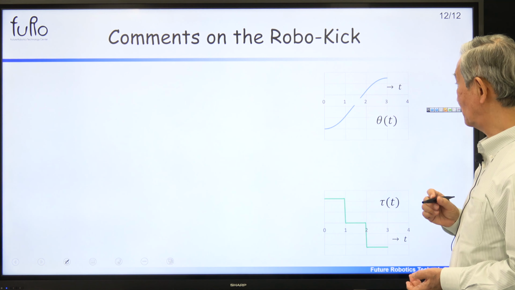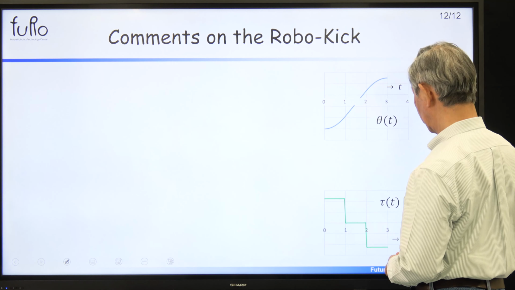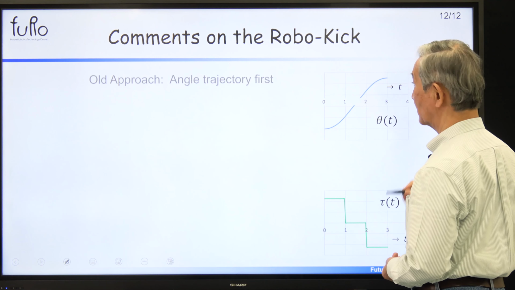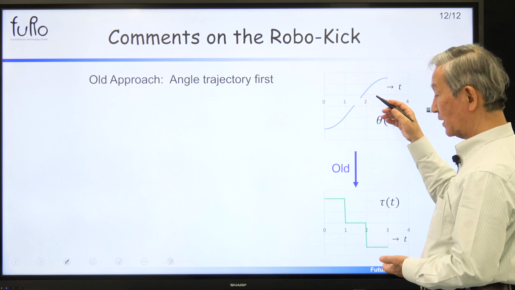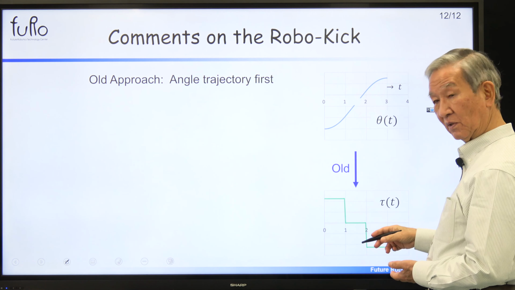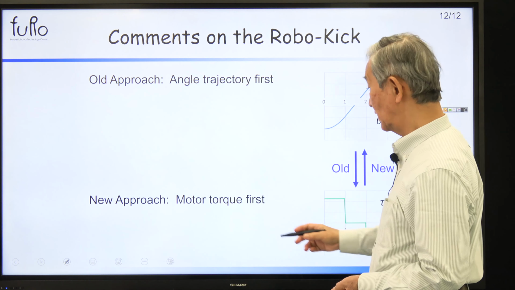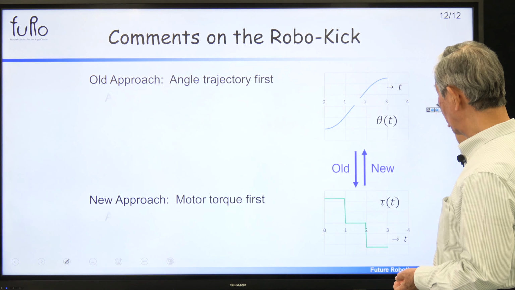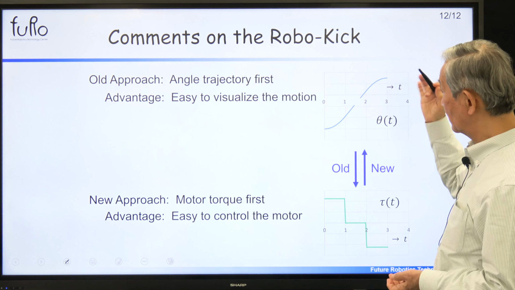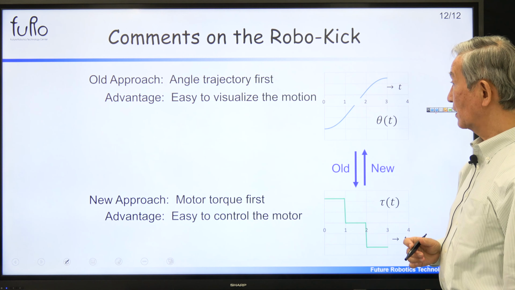Okay. The graph. Comments. And this one here. The old approach started from the angle trajectory and went to the acceleration. The new approach is from motor torque first and then goes to the theta trajectory.